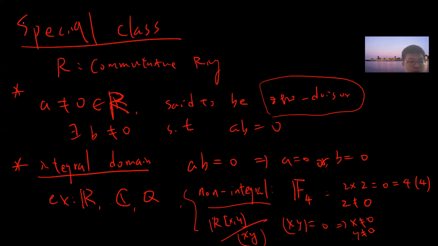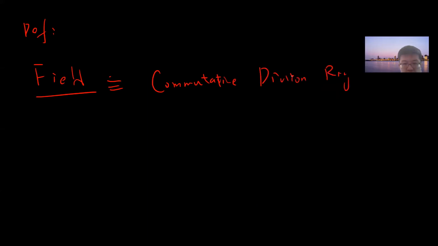Okay, so another definition. So this is the field. A field is defined to be a commutative division ring. Okay, so what is a division ring?